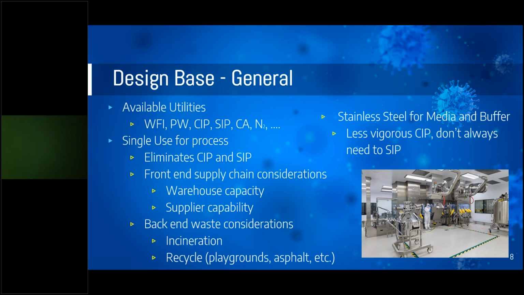All of that can be skipped during startup. And then when you're actually in production, you can again skip all of those steps and save that downtime of waiting for your results of microbial testing to come back, which can take 3 to 7 days. So you'll be able to produce more product in the end, which is, of course, an ultimate goal.